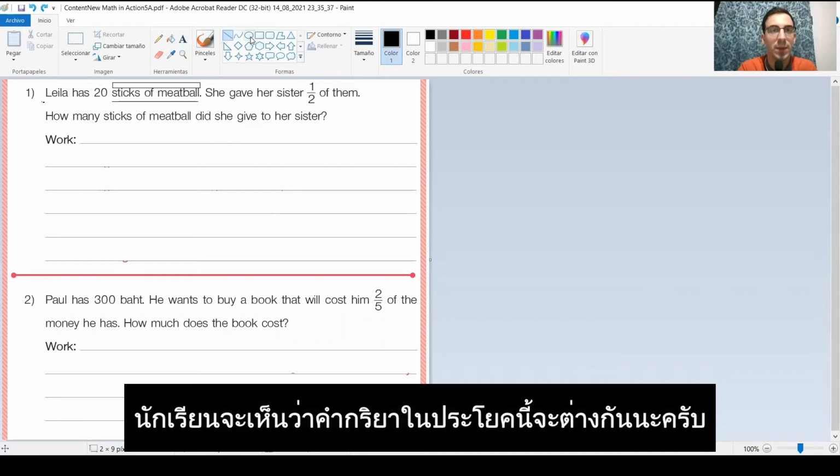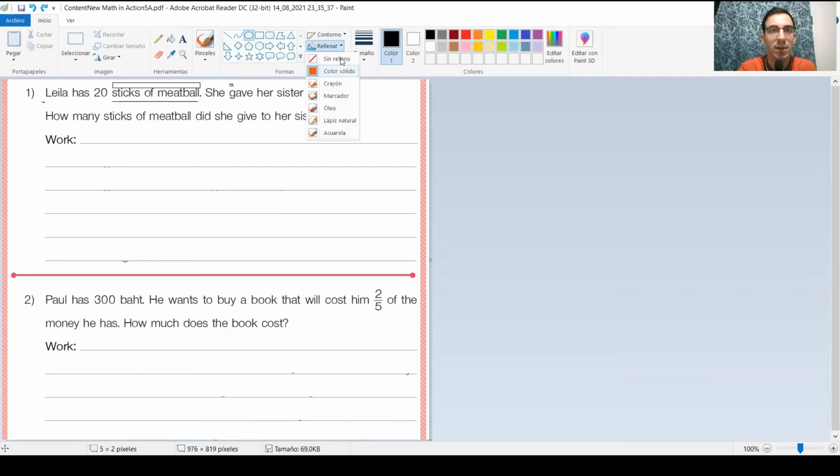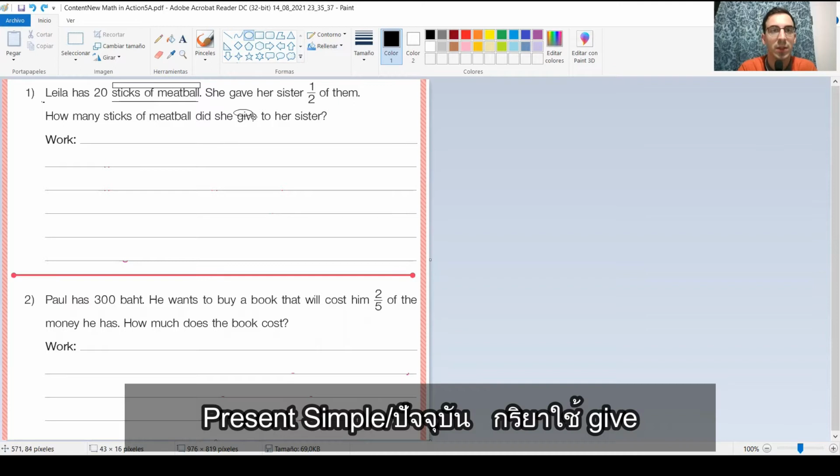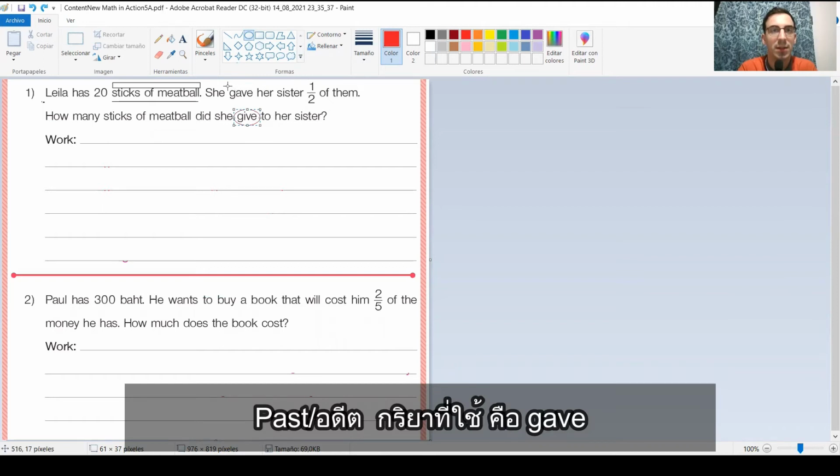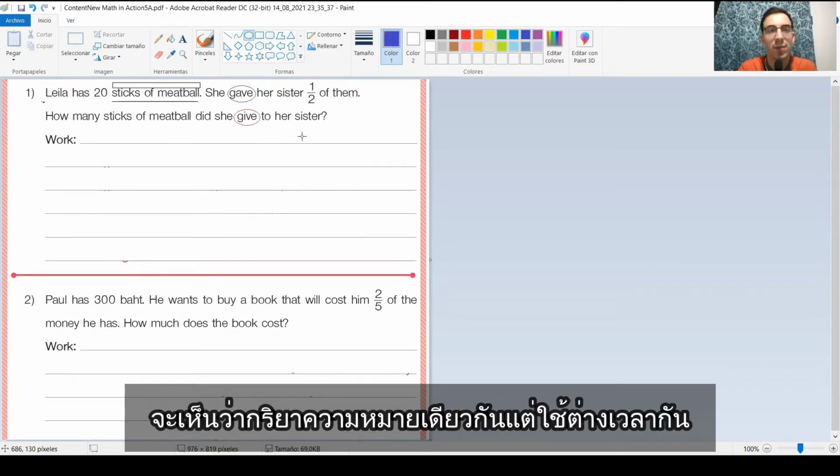As you see here, we have the same verb in different tense. Here is the present simple, to give, and the past tense is gave. Same verb, different tense.